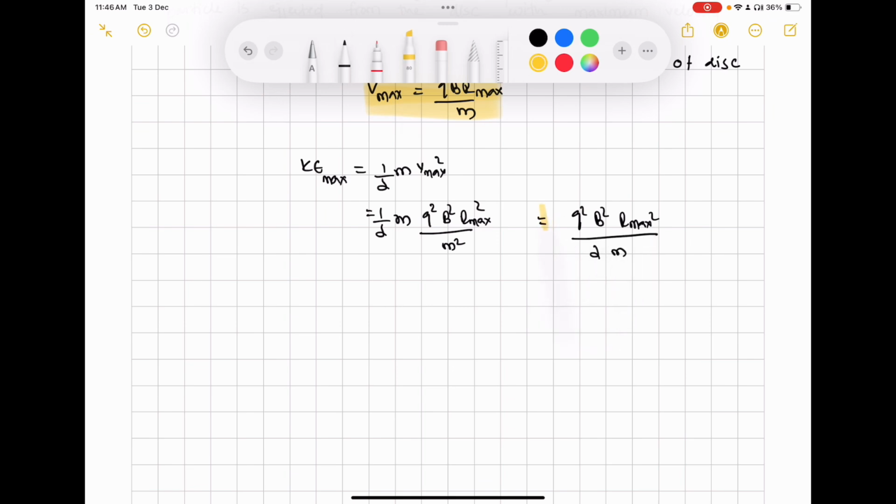So this is the maximum kinetic energy of the ejected charged particle.